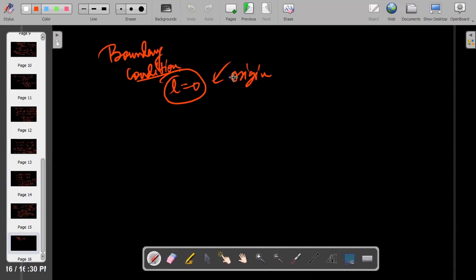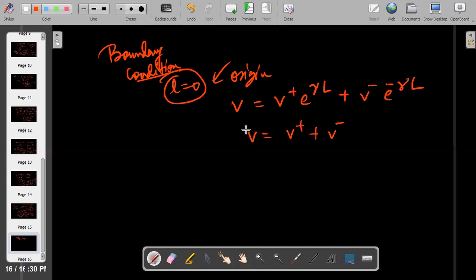Now place the boundary conditions. What we will get? Same thing. V is nothing but V plus, it will be gamma L plus V minus, it will be minus gamma L. Now L is equal to 0, so it will be V plus plus V minus. Similarly, I, what you will get?